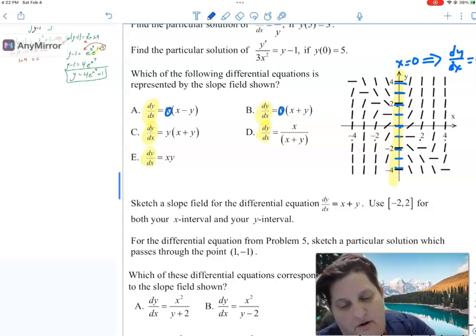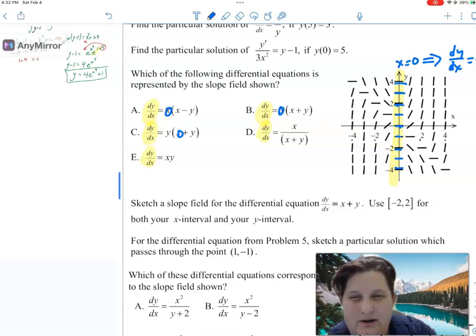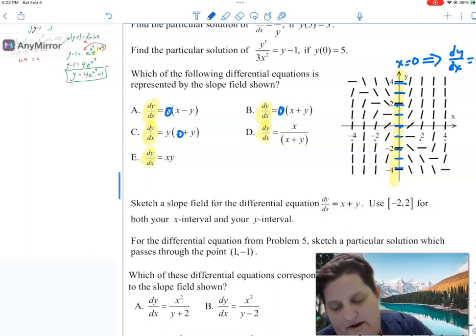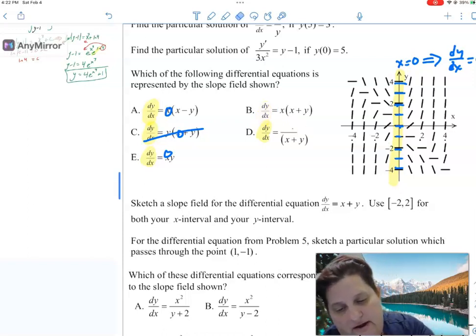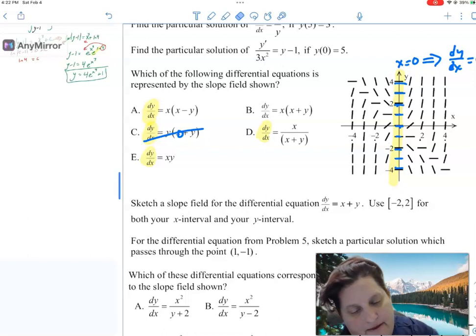B, yes. C, no, because it's y squared, so no. D, yes. E, yes. Well, that's really annoying, because that only narrowed it down by 1.